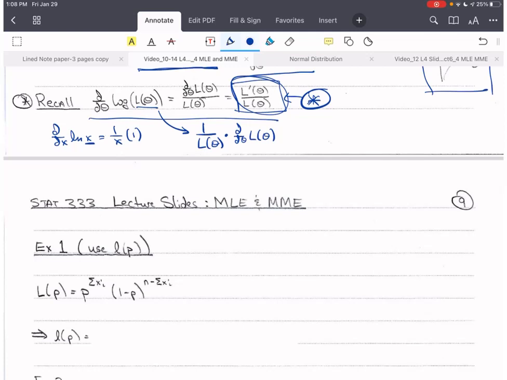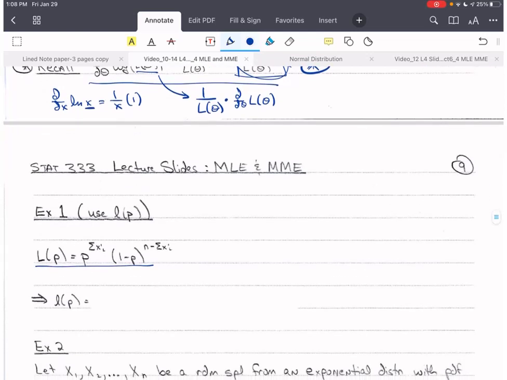Now here is L of p, and I want you to give me little l of p. So you're going to have to take the log of this. Okay? So this is going to be the log of the whole thing, p to the sum of xi times (1 minus p) to the n minus sum of xi.